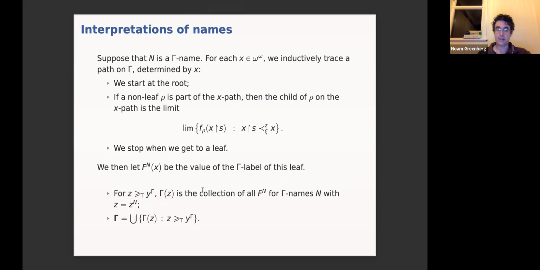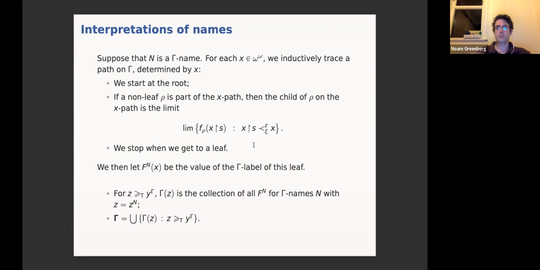What is the set that is being named? Let n be a gamma name and let x be a real. For that real, we're going to choose a path on the labeled tree gamma. We start at the root. If we've reached a non-leaf node, then we want to choose one of the children. We take that function that approximates the choices and we take the limit along the Z psi true initial segments of the real.